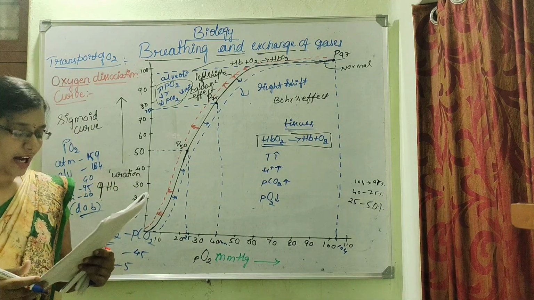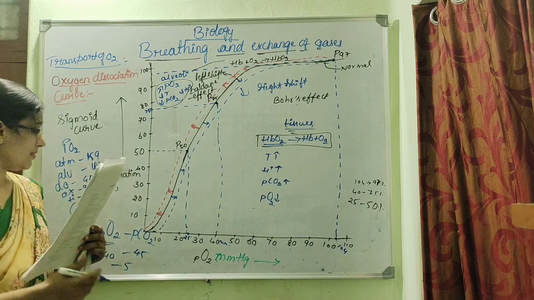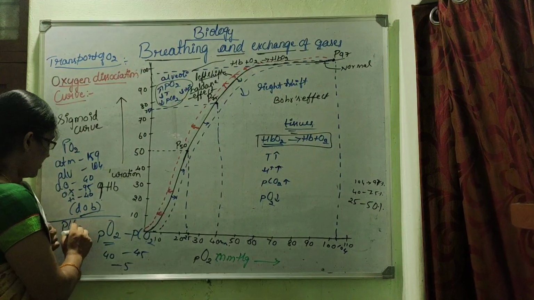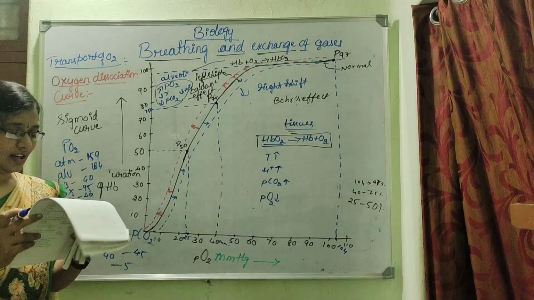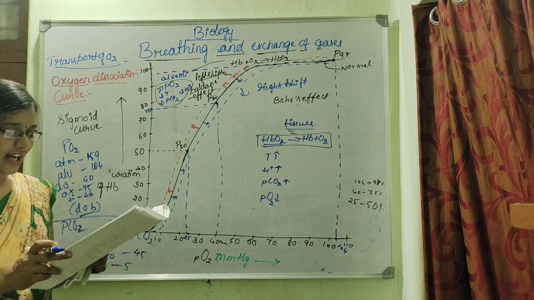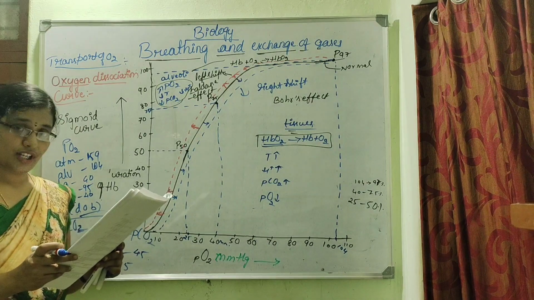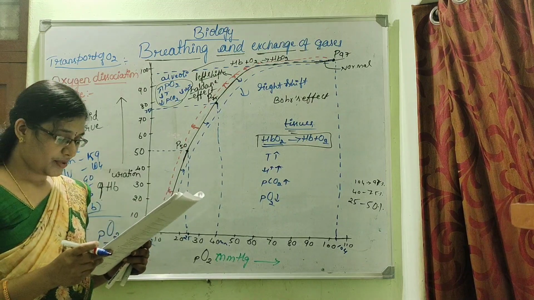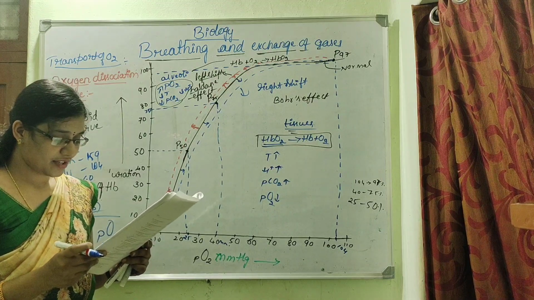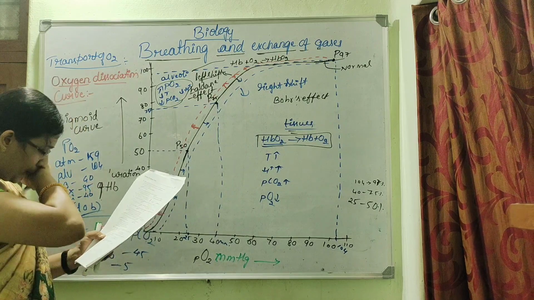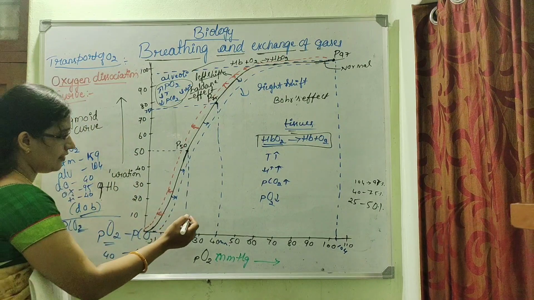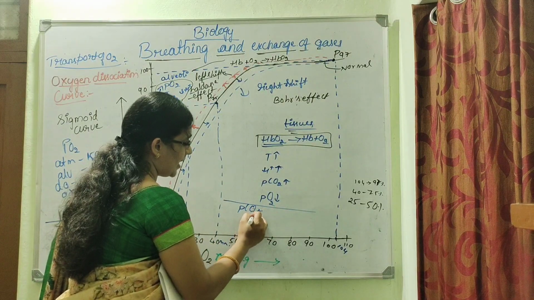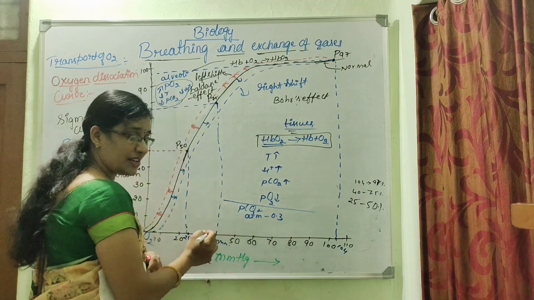Next question. Now they have asked the partial pressure of carbon dioxide in mmHg in atmospheric air, alveoli, deoxygenated blood, oxygenated blood and tissues. The options are the same as the previous question. The PCO2 in atmosphere is 0.3 mmHg.